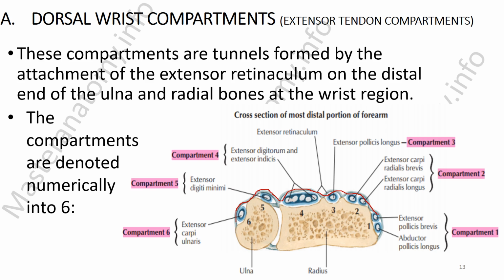So the grooves formed on the distal end of these bones attach to the extensor retinaculum to form these tunnels. Now you can check out the lecture on the muscles of the hand at Master Anatomy platform to have a good grasp on the names and functions of these tendons.